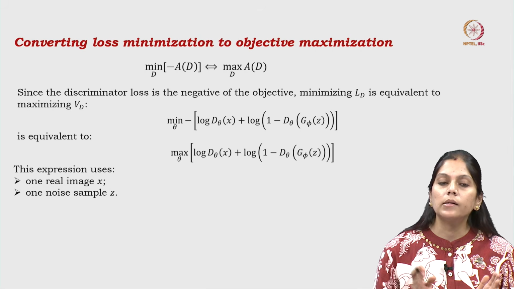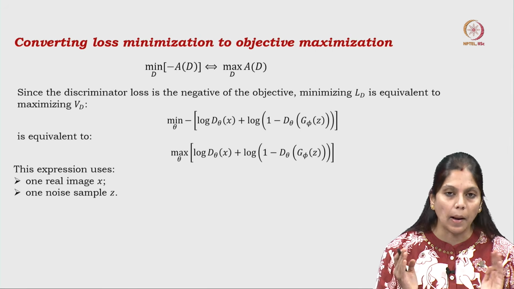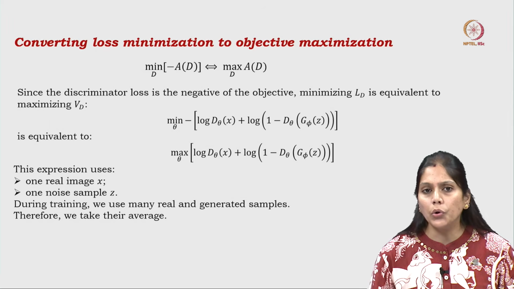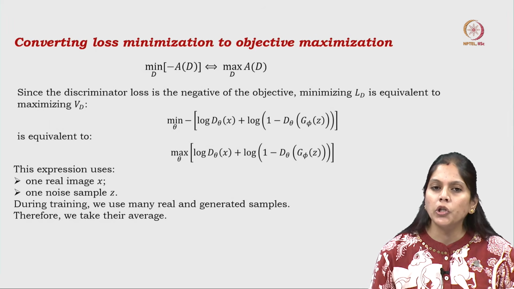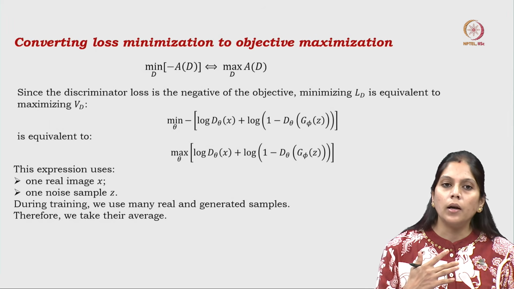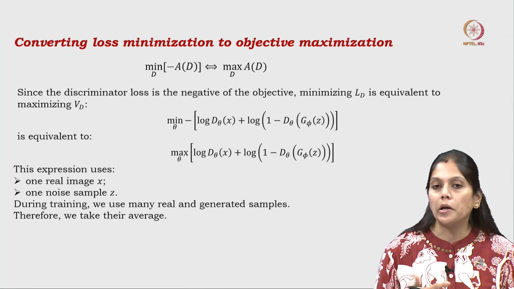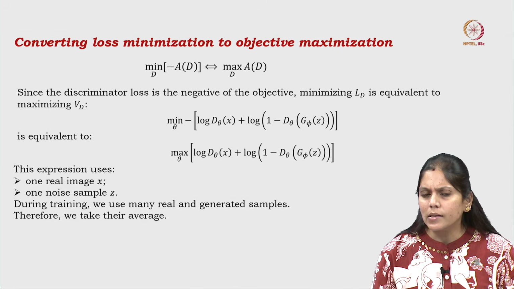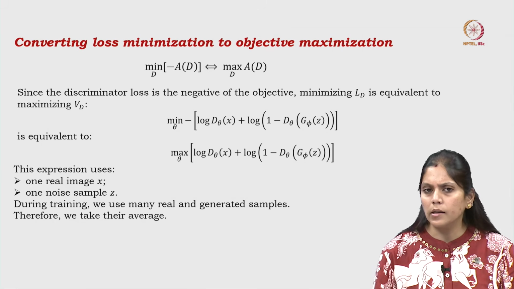We will pass a mini batch of samples, right? So during training, we usually don't take one, we use many real and generated samples. If that is the case, the loss function cannot be just this simple.